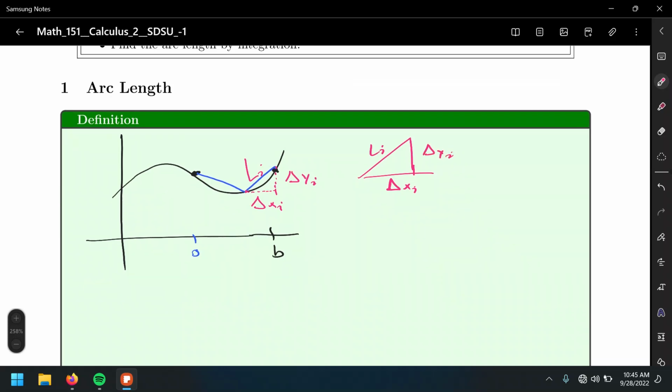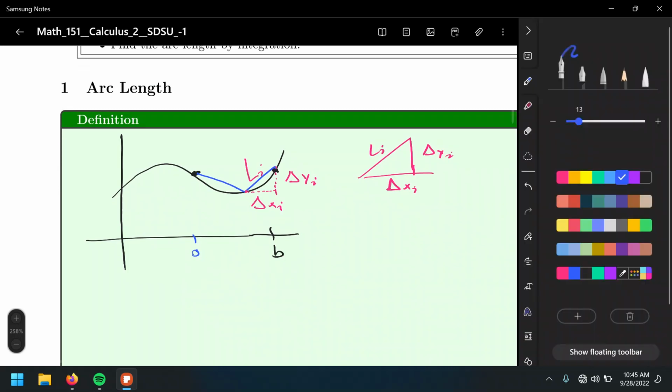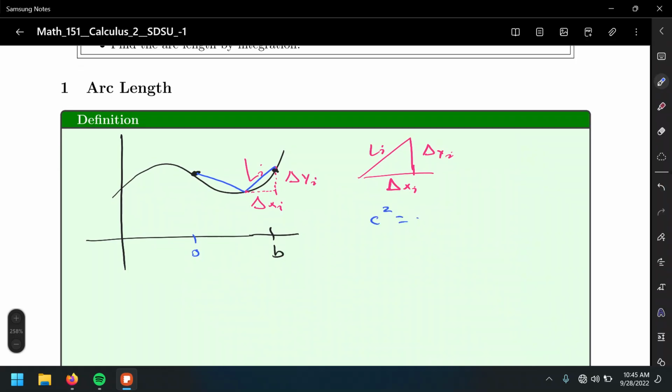Well, using the Pythagorean theorem, which we know is c squared equals a squared plus b squared, c squared would be L sub i squared equals delta x sub i quantity squared plus delta y sub i quantity squared. Well, what are we going to do from here?